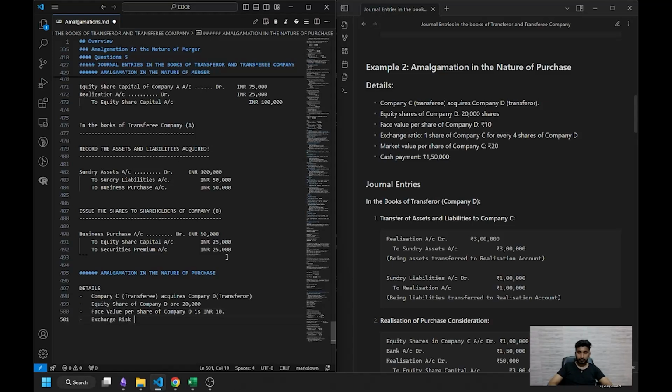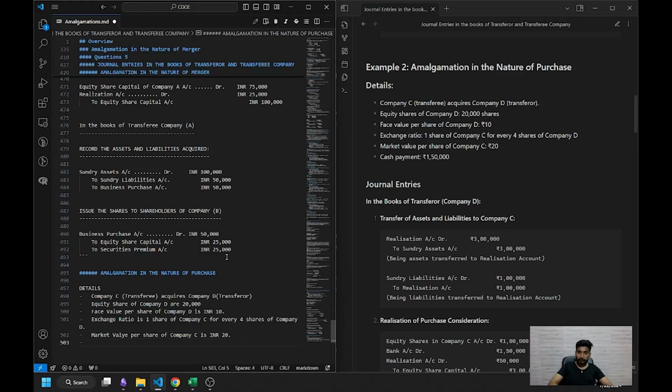The exchange ratio is 1 share of company C for every 4 shares of company D. Also, the market value per share of company C is rupees 20.